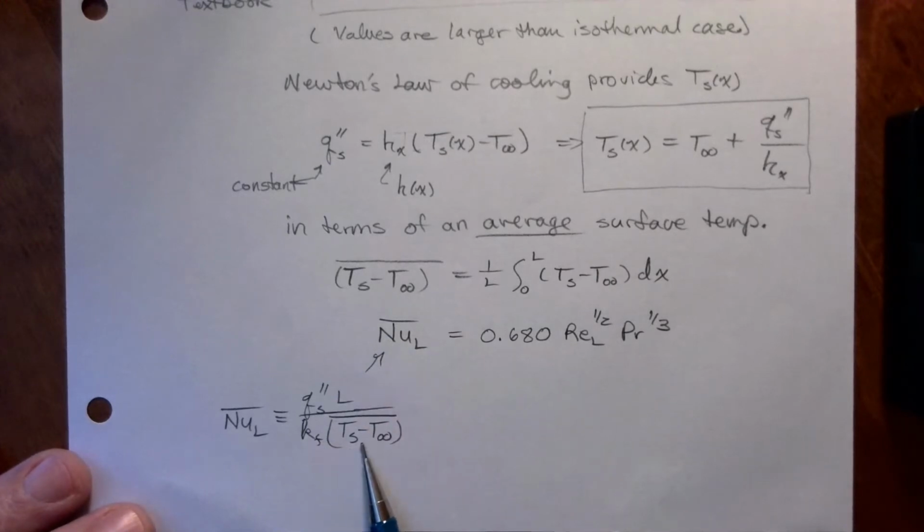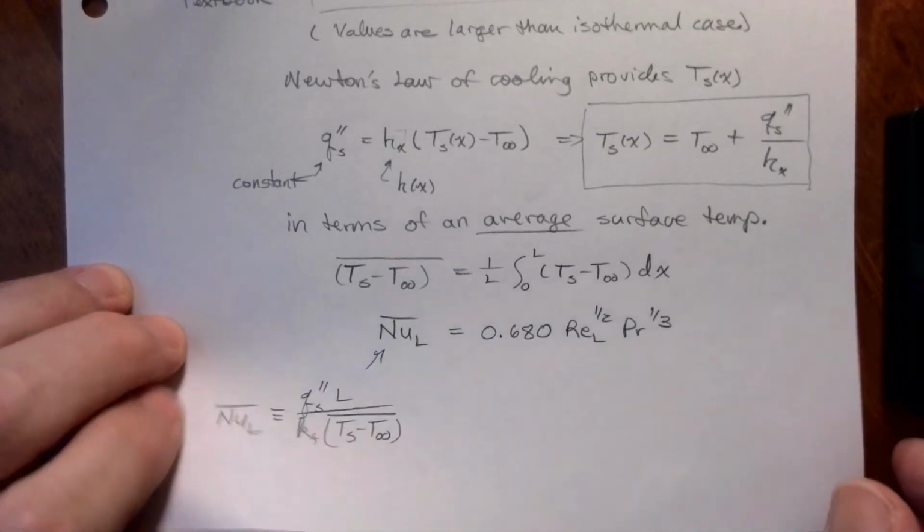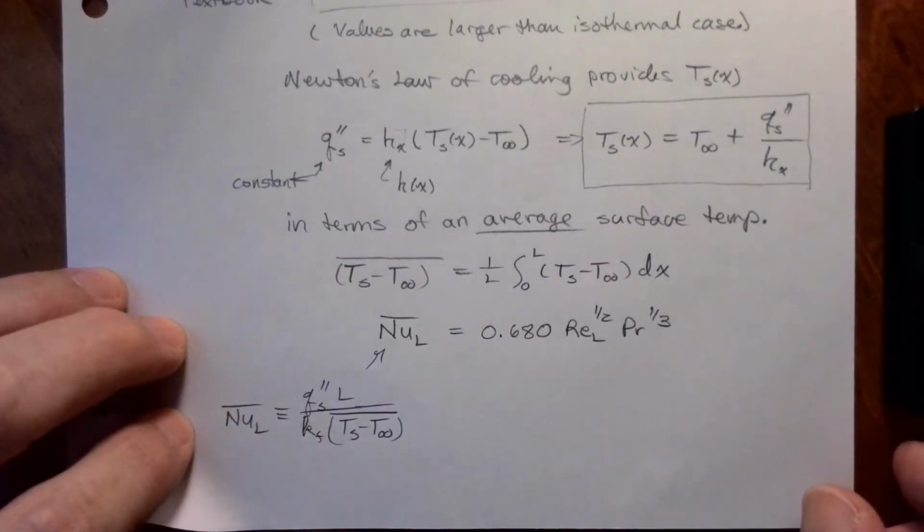Now, instead of an H bar, this is the definition of the average Nusselt number. It's related to an average temperature instead of an average heat transfer coefficient. So those are just some of the things you need to be aware of if you're going to deal with constant heat flux.